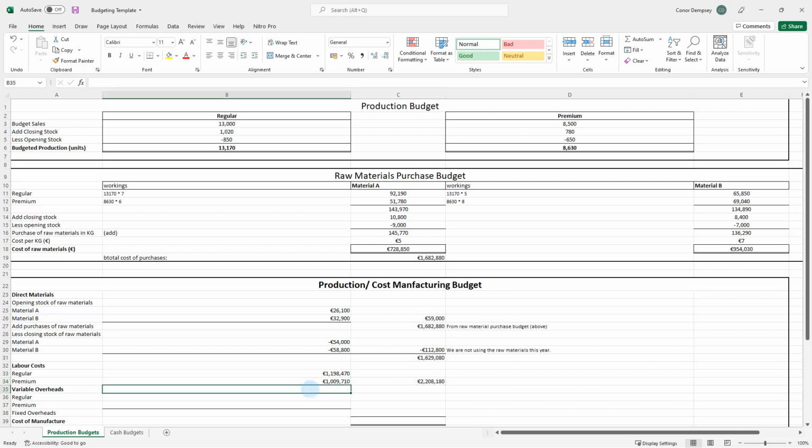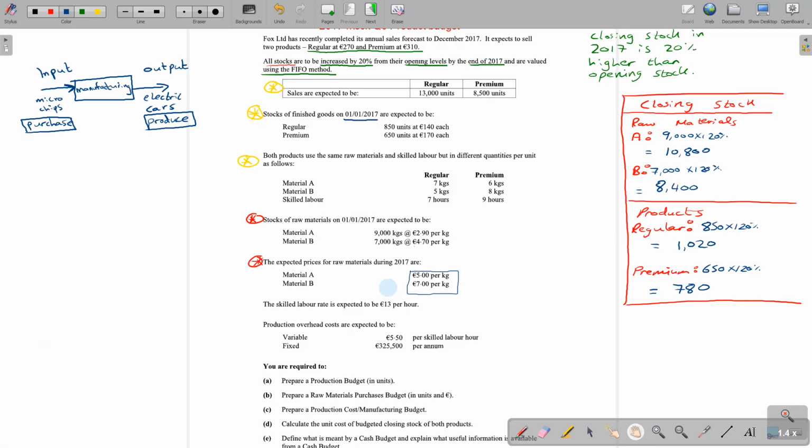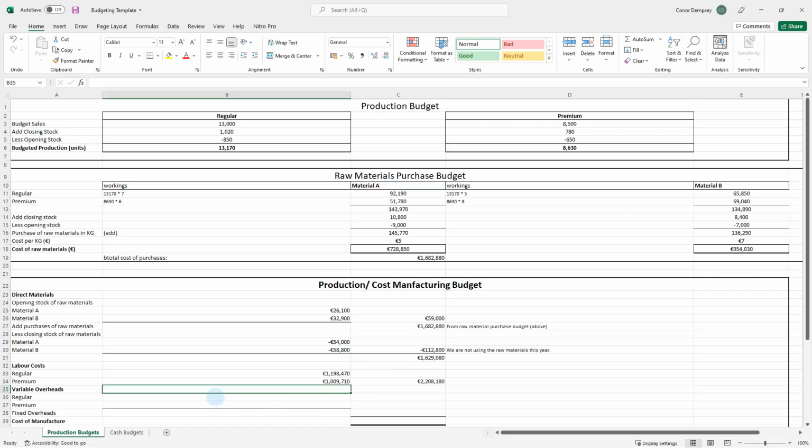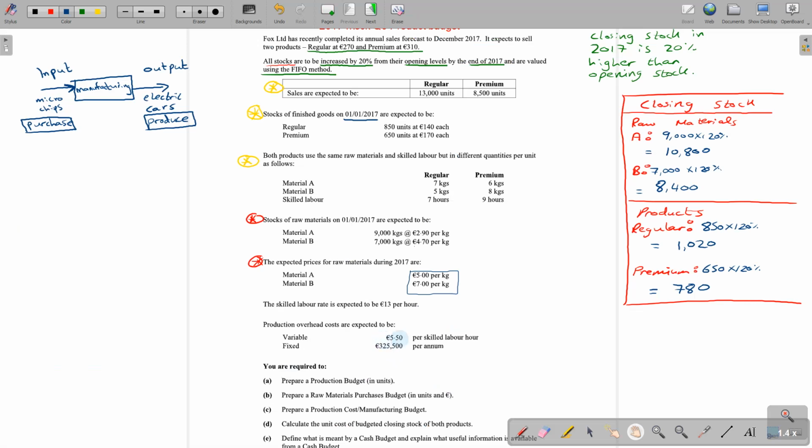Our variable overheads. So how do we get our variable overheads? We are told that our variable overheads are based on skilled labor hours, at €5.50 per skilled labor hour.